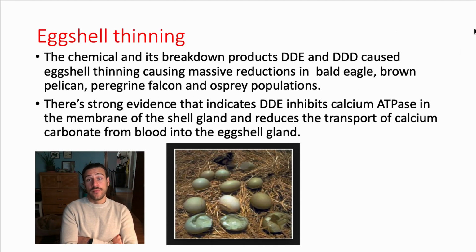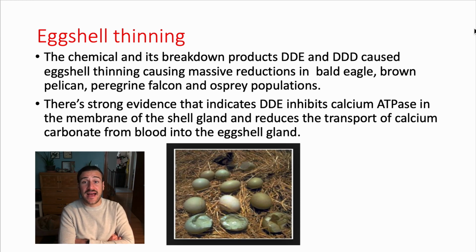Now, this is the moment in which the U.S. government gets involved as DDT greatly reduces our nation's mascot, the bald eagle. So as DDT breaks down, remember it turns into DDE and DDD. These chemicals cause eggshell thinning.